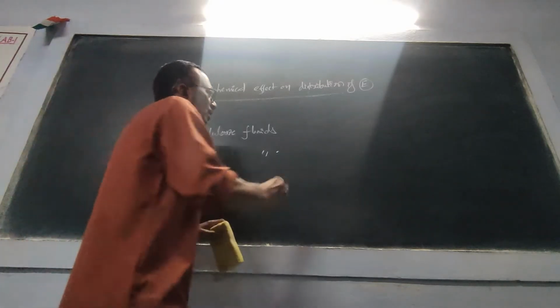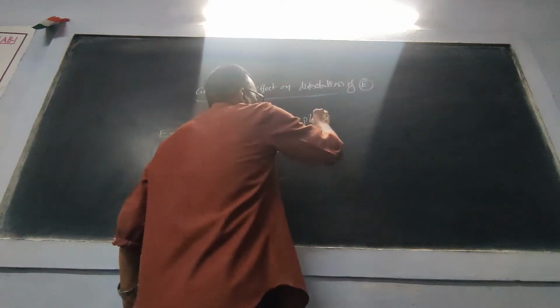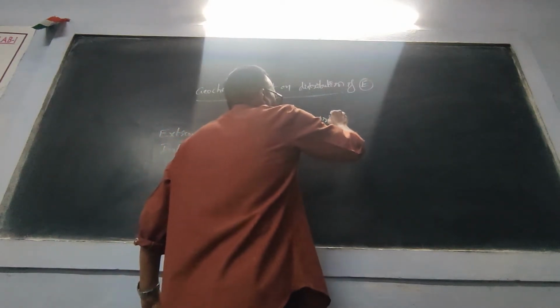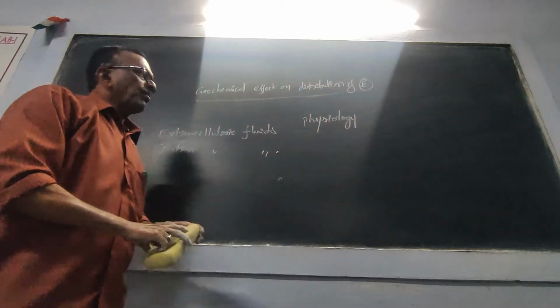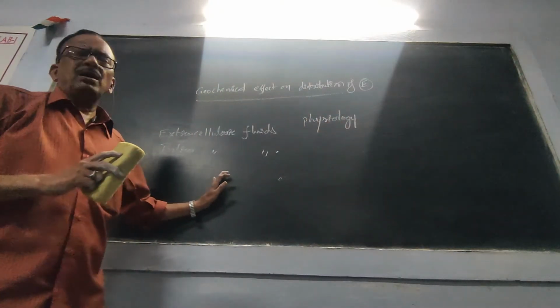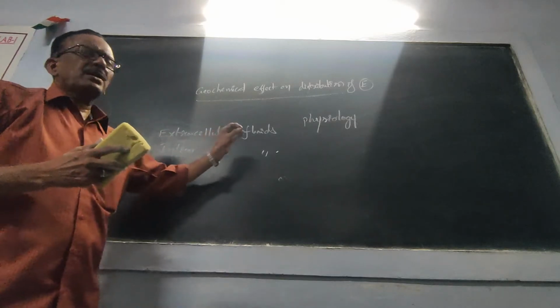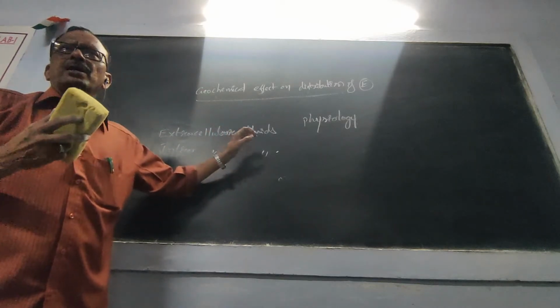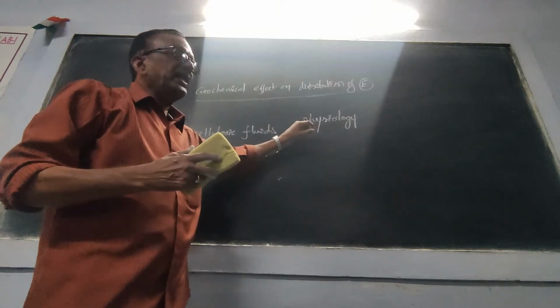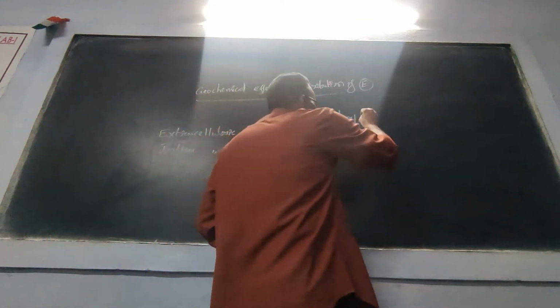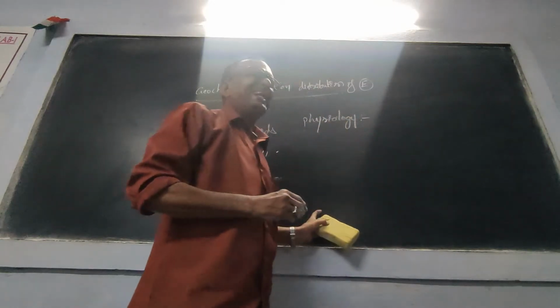Here, in the case of physiology, what does this physiology say? The biological processes or the chemical reactions that are occurring in living organisms, that constitutes physiology. So in physiology, we have mainly 2 gradients.